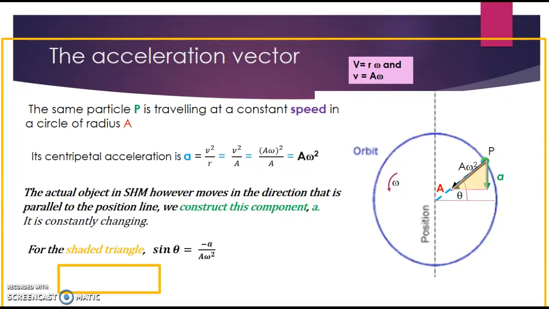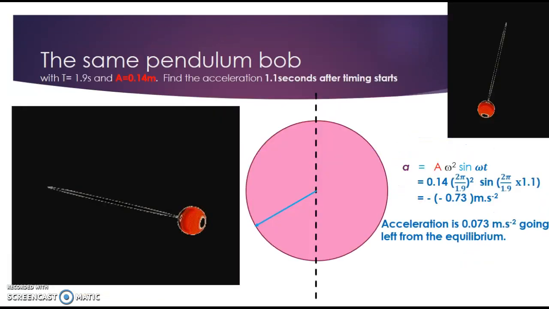So for the shaded triangle now, we consider that opposite over hypotenuse will be negative a over a omega squared. If we rewrite that, we end up with this equation: a is equal to negative a omega squared sine omega t. We had to use some substitution there as well.